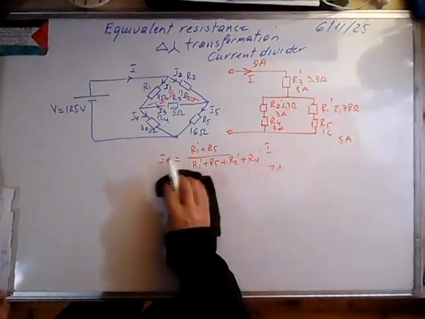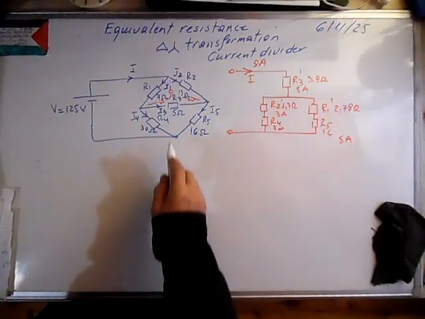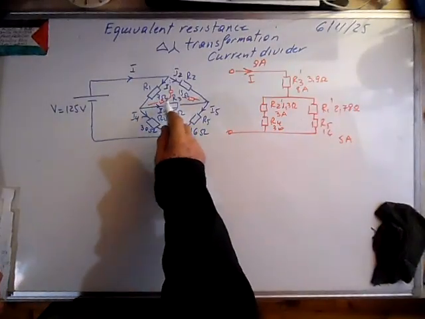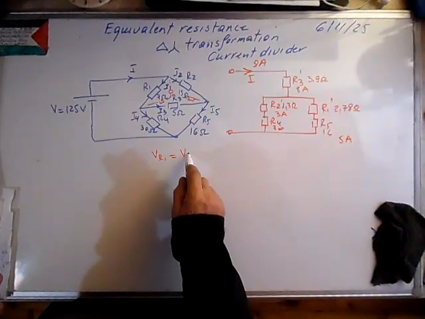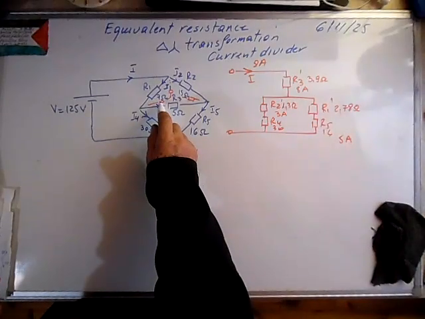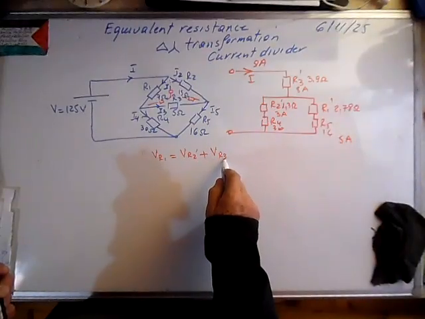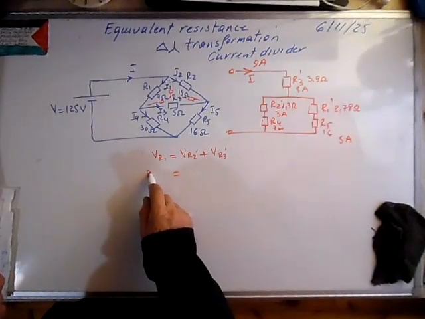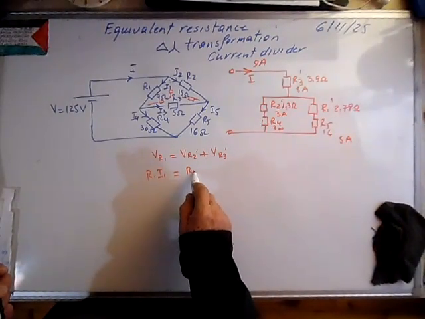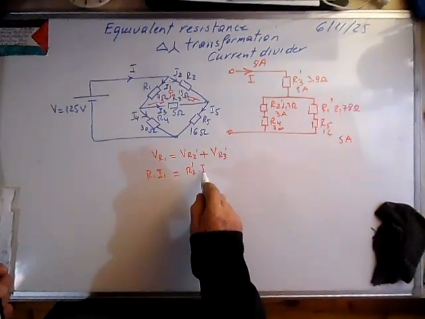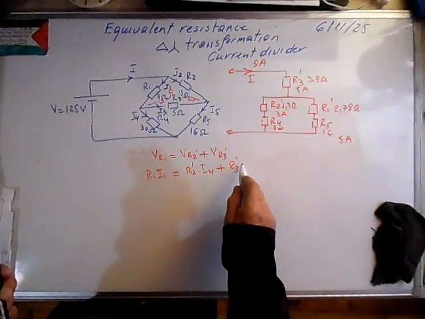Now we can calculate I1 and I2. To calculate I1 we have to know the drop here and the drop here. VR1 is VR2 prime, the drop here, plus the drop here, VR3 prime. So R1 times I1 is equal to R2 prime times I4, the current flowing here, plus R3 prime times the main current.